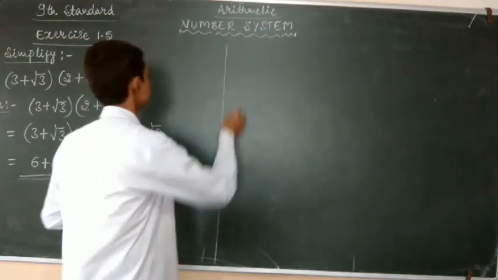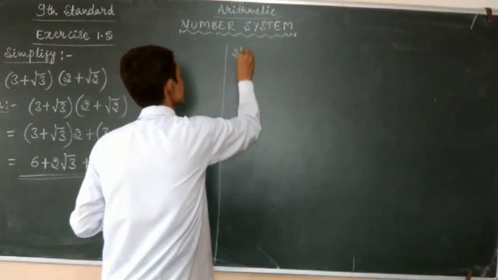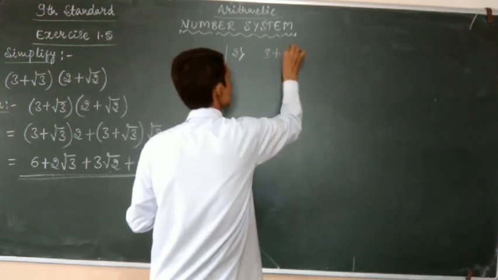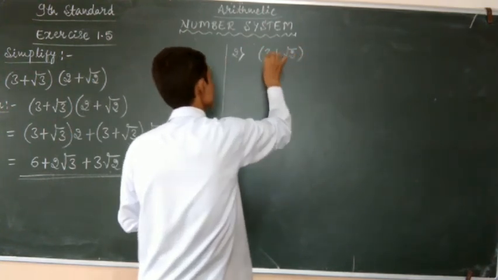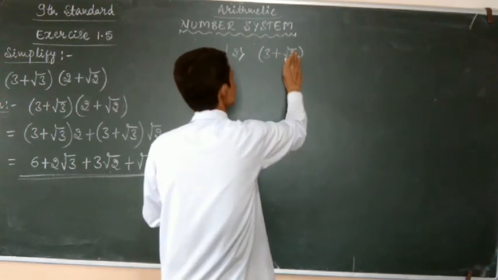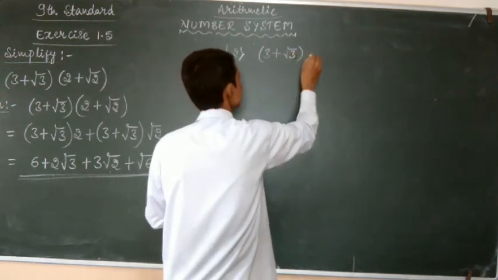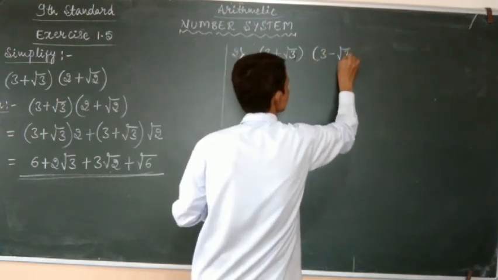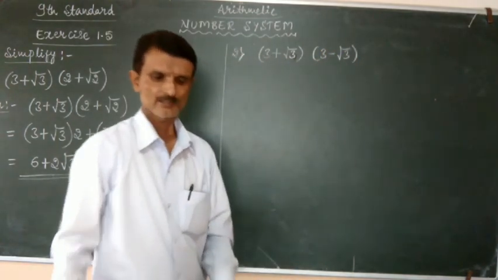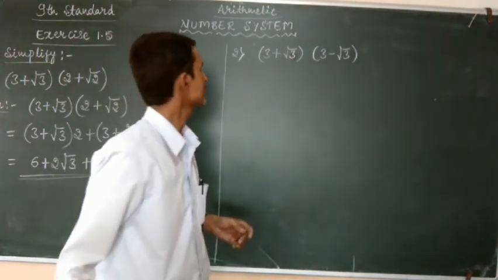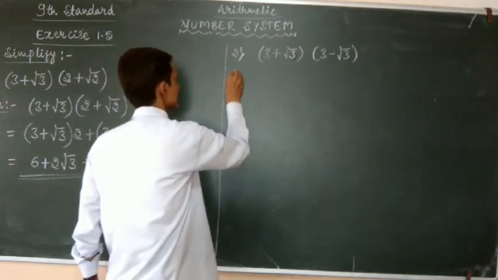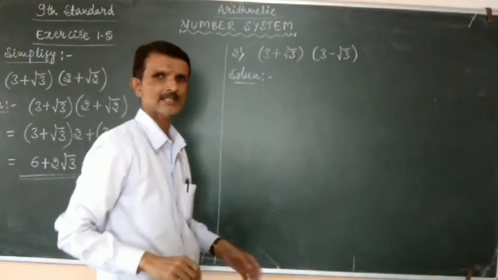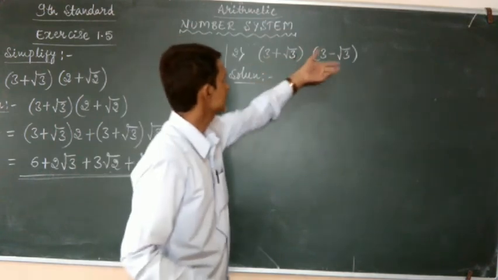So the next problem is the second one, 3 plus root 3 into 3 minus root 3. So if you observe that problem, it is of the form of a formula which you have studied in algebra, a plus b into a minus b.